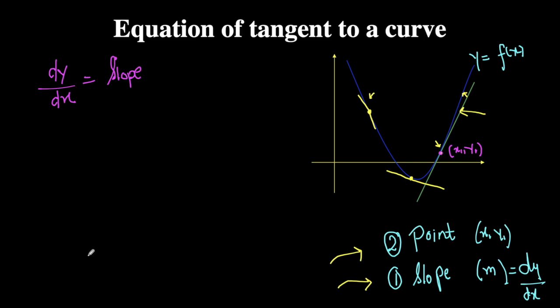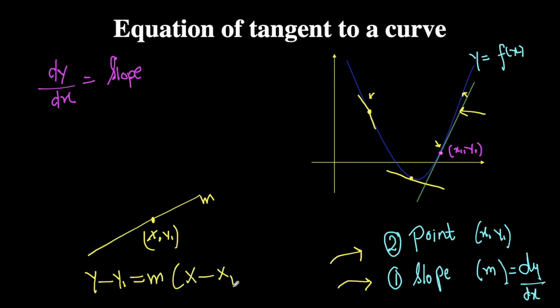If you know the slope and the point x1, y1, then you can form the equation of the tangent, or equation of line, which is y minus y1 is equal to m times x minus x1. Here y and x are variables, x1, y1 is the point, and m is the slope. So you can form the equation of the line.